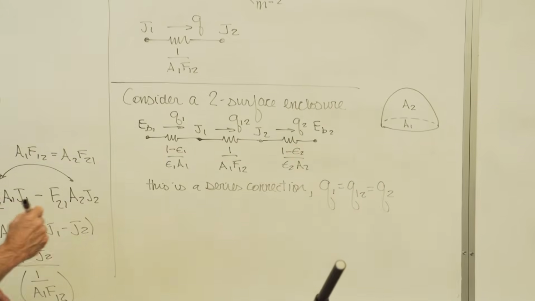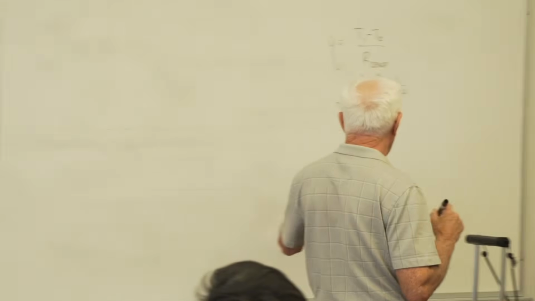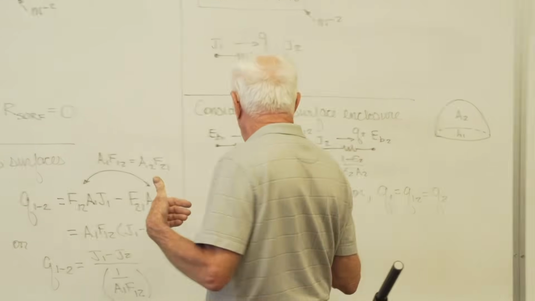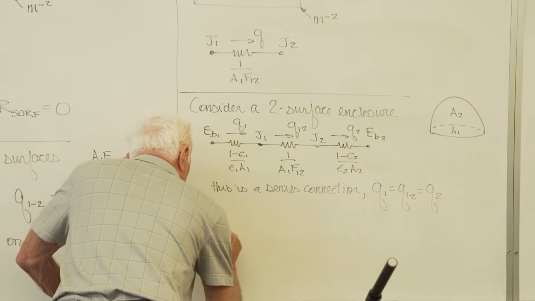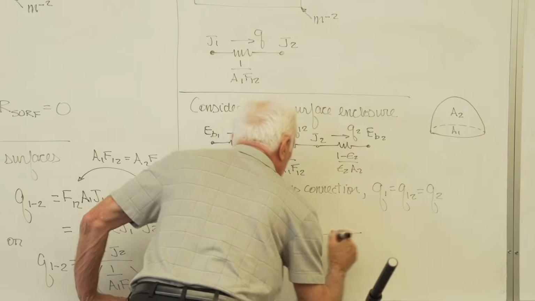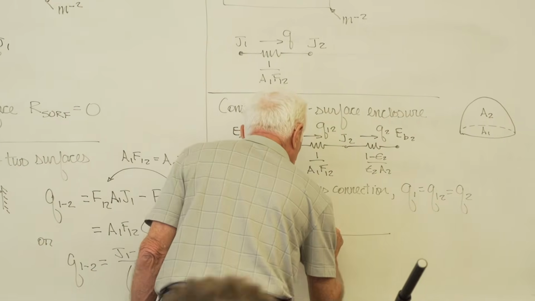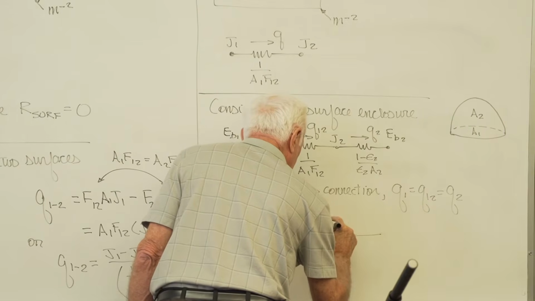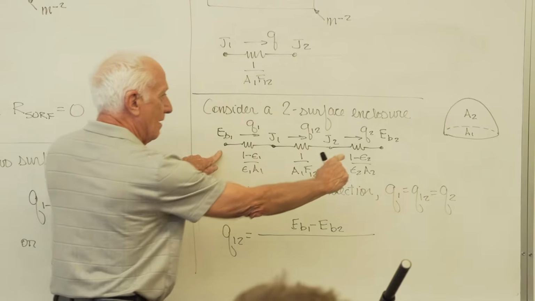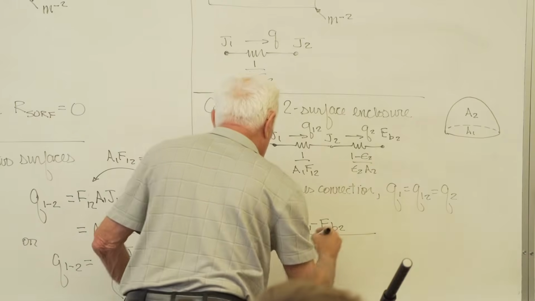If you want to find that, you do the same thing you did in chapter 3 for conduction. Here's the way you played that game in chapter 3. I want to find Q12. You take the two ends, EB1 minus EB2, divided by the sum of the resistances between my 2 fingertips.